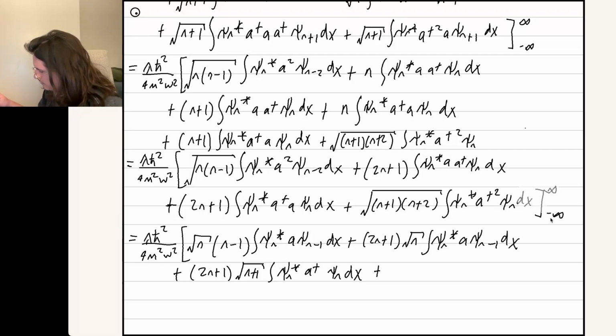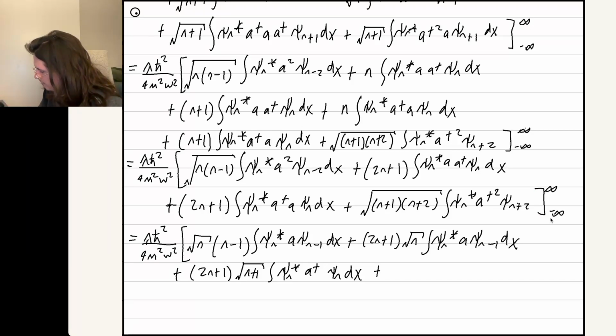It doesn't change much, it's just now actually writing things out properly. This will be n plus 2. This will be n plus 2 here as well.